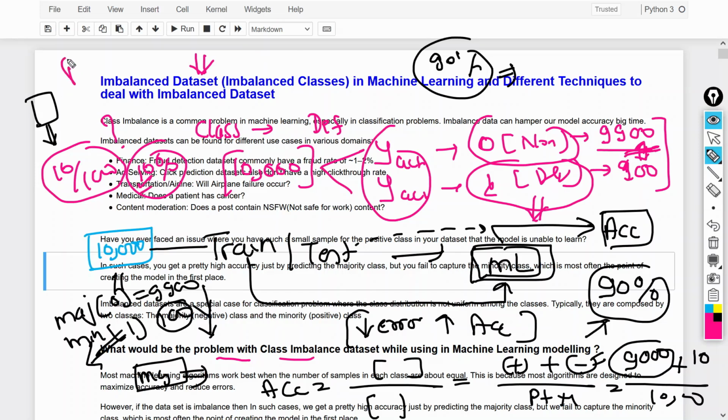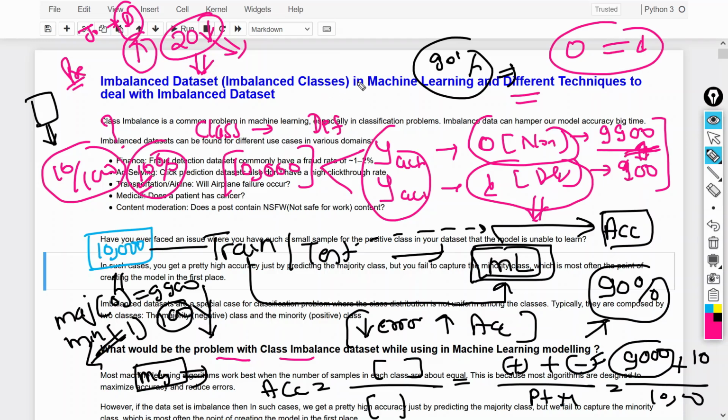Also precision: I say John is a defaulter, so how precise am I? What is the probability that John is actually a defaulter? That would also be very low, let's say 20%. This way my recall and precision are very low. So my model will not perform well for the positive classes, for which I am creating the classification model. It means my main objective will not be satisfied. That's why we have to make the classes balanced.